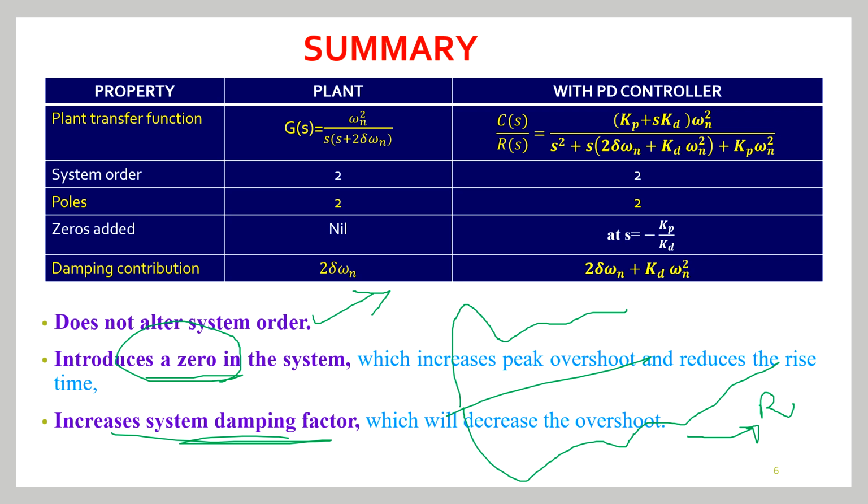This overshoot can be decreased by the added advantage of the increased damping factor. Even though the 0 contributes to the oscillations, it will be equivalently reduced by the increased damping factor, according to the value of Kd you choose in the system.